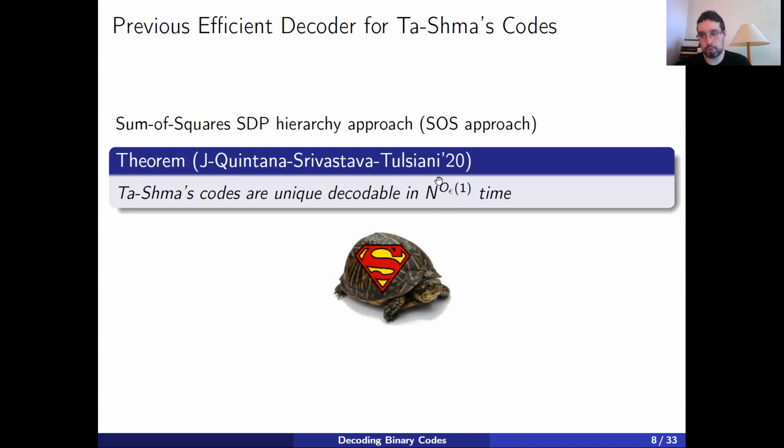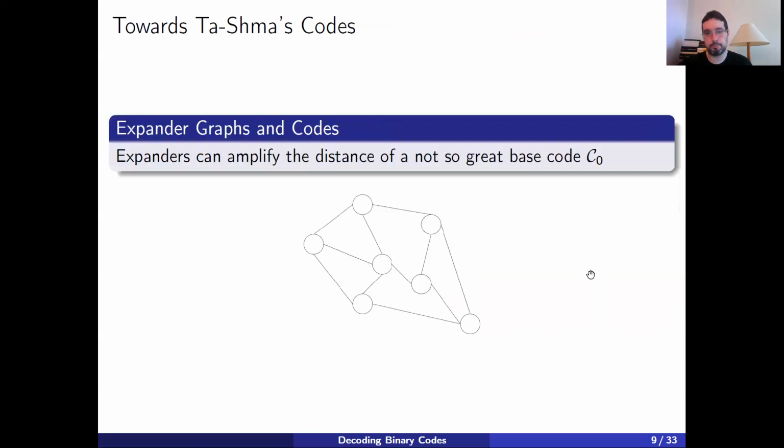So we got a polynomial time algorithm, but with a large exponent. And the exponent in some cases was also a function of epsilon. It's a very powerful hierarchy, very useful to show polynomial time solutions, but it's also slow. So we represent it as a separate turtle.